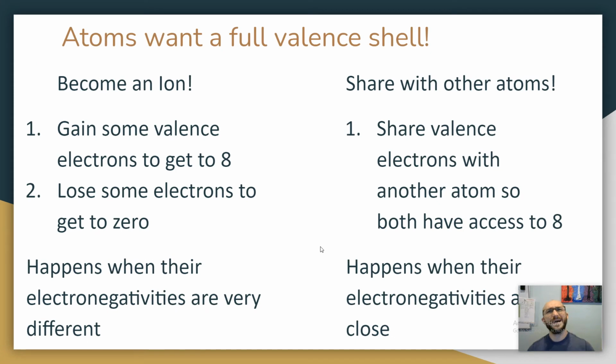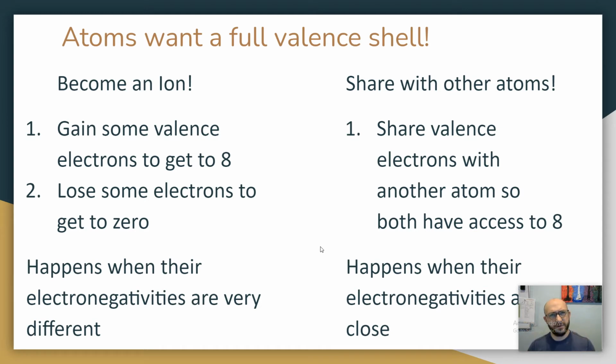Now, there are 2 ways that it can do this. The way we've been learning about so far this semester is, well, they can become an ion. They can gain valence electrons to get to 8, which gives them an electric charge. Or they can lose their valence electrons to get to 0, which is the next best thing, which also gives it an electric charge.